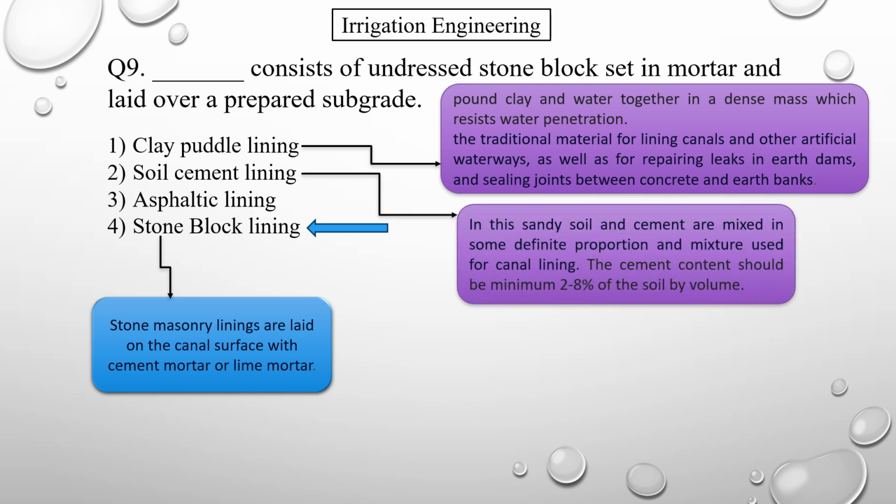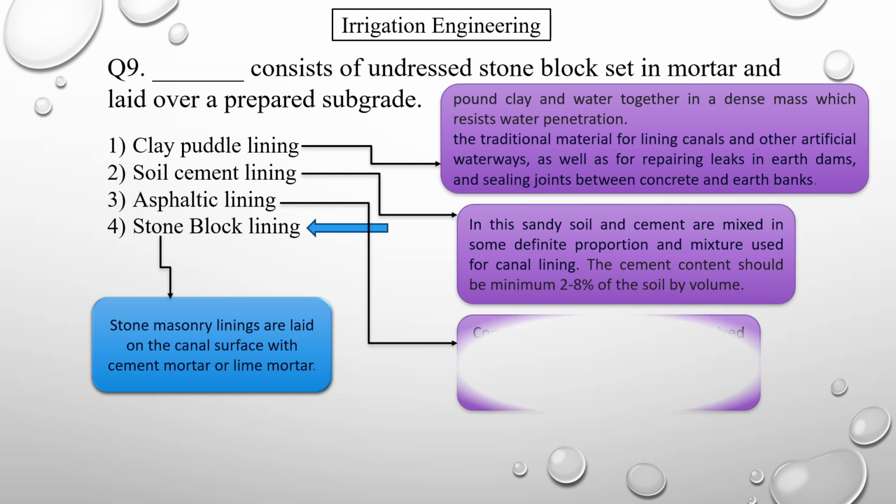Soil cement lining consists of a very minimum amount of cement, which is 2 to 8% by the volume of soil. In the soil cement lining, two ingredients are there, only soil and cement. Soil is in very large quantity, and by 2 to 8% of soil quantity, there is cement. Within a definite proportion, and this is used to line the canal.